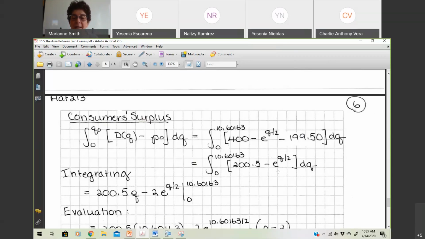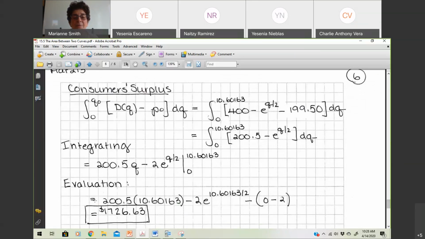So that would be over 1/2, which then flips up to give me a 2. Dividing by 1/2 is multiplying by 2. So that's where this 2e to the Q divided by 2 came from. Then you're just evaluating it at the 2 bounds, plugging in my upper bound minus my lower bound.